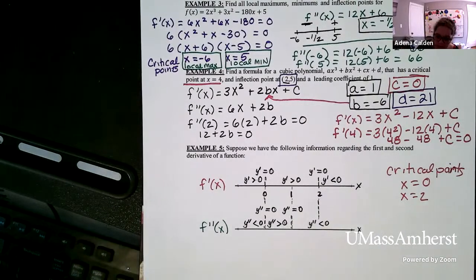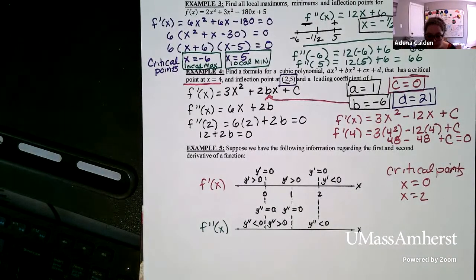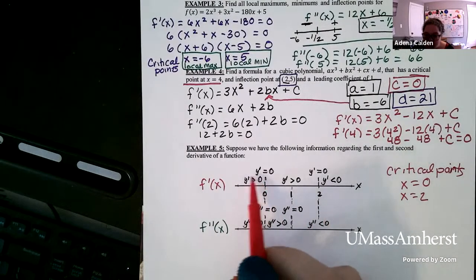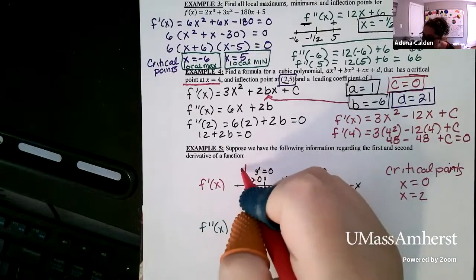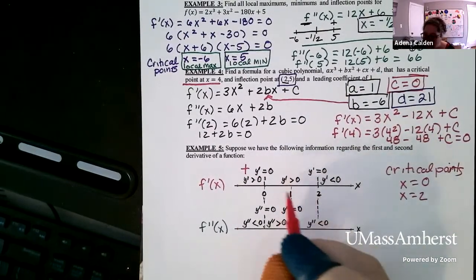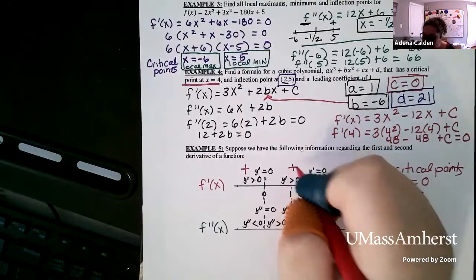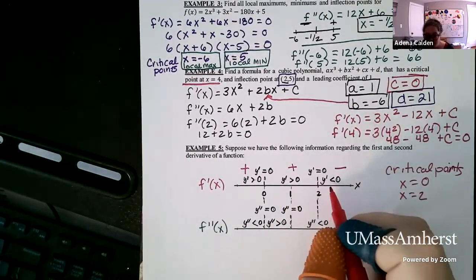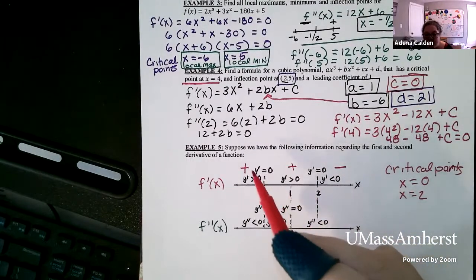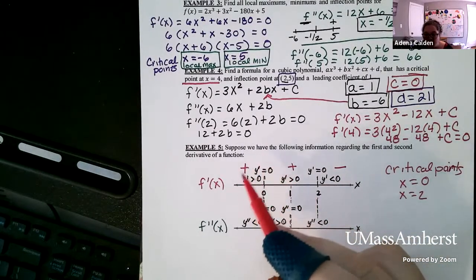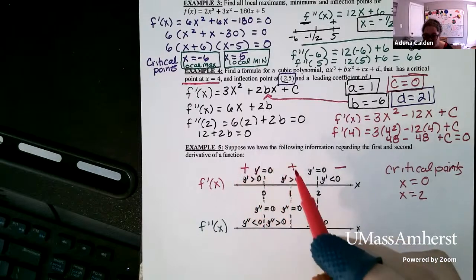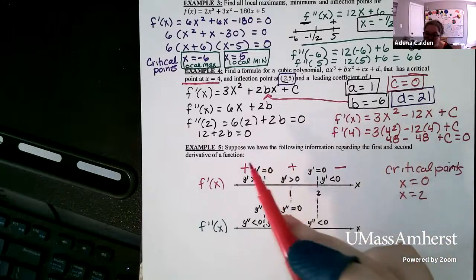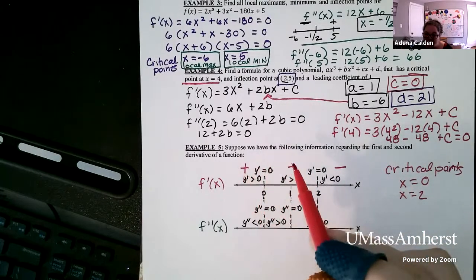Now, we can try to figure out what types of critical points these are by looking at how the sign changes. Here, the first derivative is greater than 0, so it's positive. Here, it's greater than 0, so that's positive. And then here, the first derivative is less than 0. So the derivative sign doesn't change at 0. So x equals 0 is not a local max or a local min because it didn't change signs.